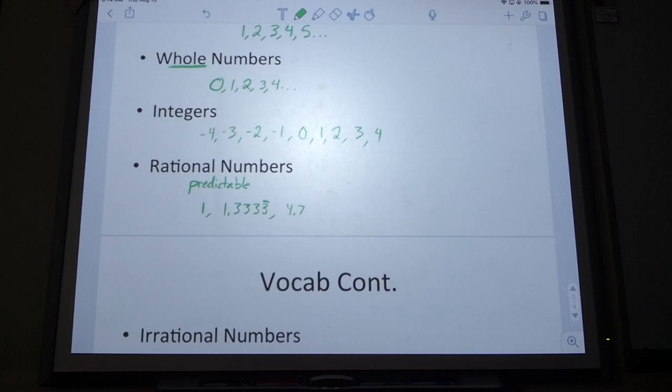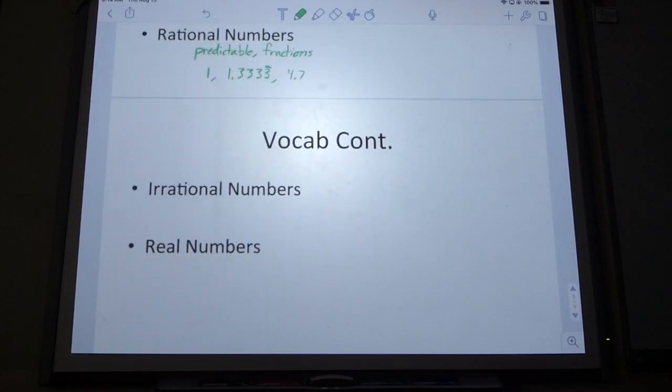Rational numbers also look like fractions sometimes. But if you change that fraction to a decimal, it acts predictably. Okay? So if we are talking about rational numbers, those are the 2 definitions for it.